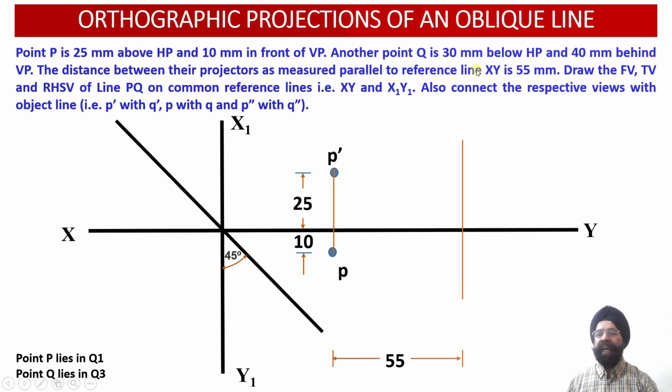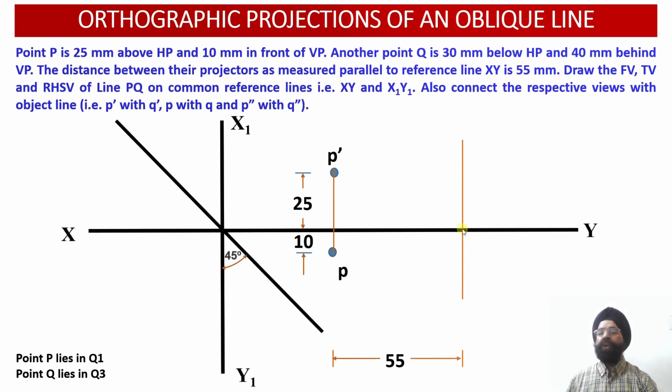So it means that point Q happens to lie in the third quadrant. Whenever a point is lying in the third quadrant, the distance of that point below the horizontal plane will be represented as Q dash below the XY reference line in the front view projection, and the distance of this point behind the vertical plane will be projected above the XY reference line alongside the same projector line.